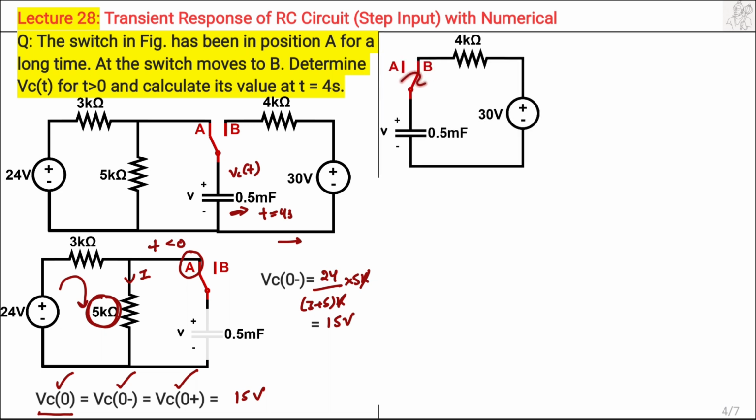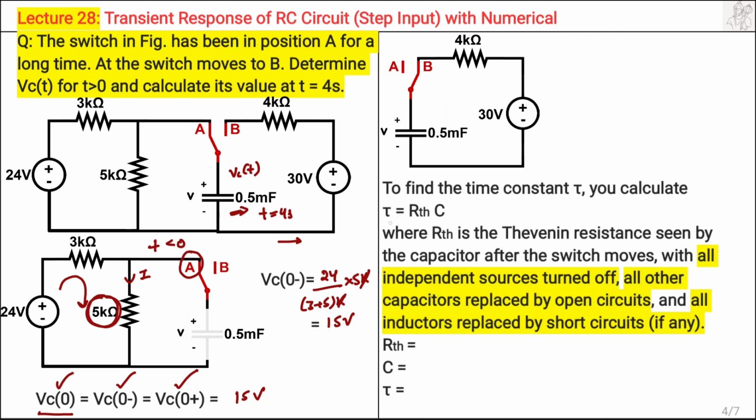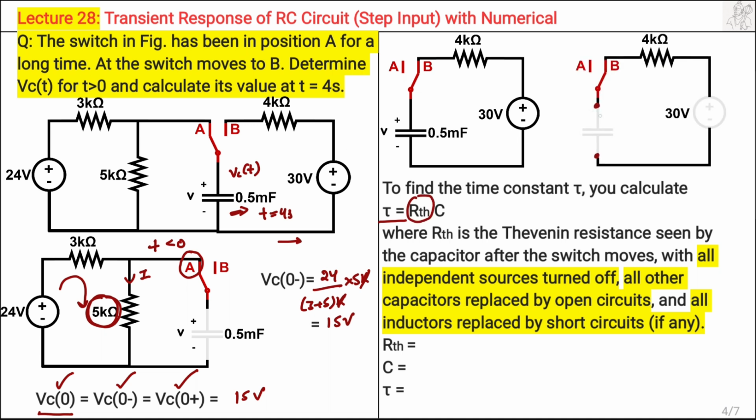When the switch goes from A to B, the left side of the circuit cancels out and only this part of the circuit remains. So the first step is to find out the time constant. We know that the time constant is simply RC, and this R is the R Thevenin. So how do we find out the Thevenin resistance? We just open circuit the capacitor terminal and see the resistance seen from these open circuit terminals, while the other sources are replaced by their internal resistance.